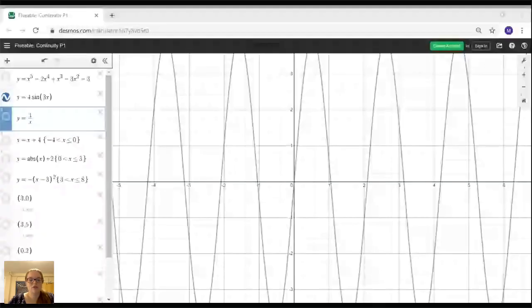The trig functions are continuous, but only within their domain. So if you're looking at a problem and it's asking you if a trig function is continuous and it's using points or x values that are within the trig function's domain, then yes, you are looking at saying that that function is continuous. Just got to make sure you're testing and make sure you know where those asymptotes are.